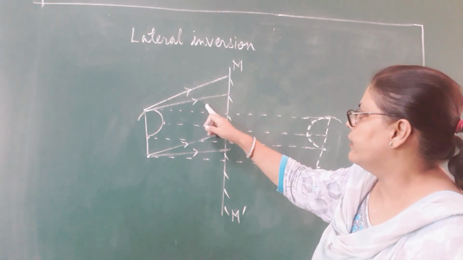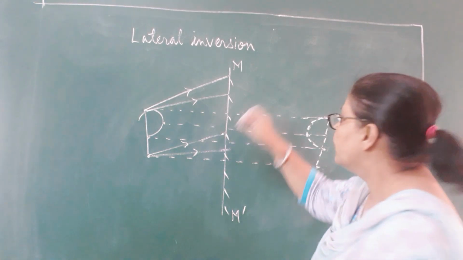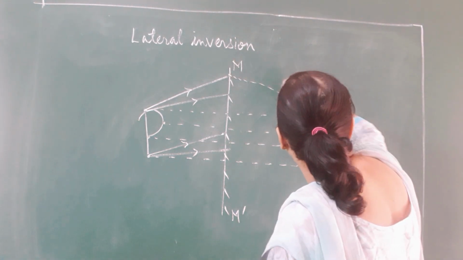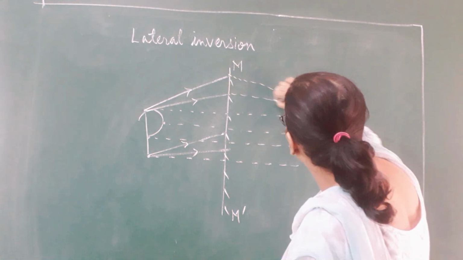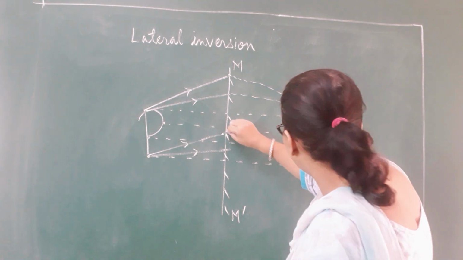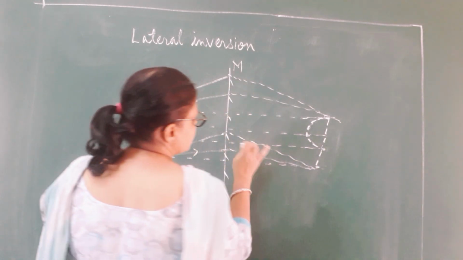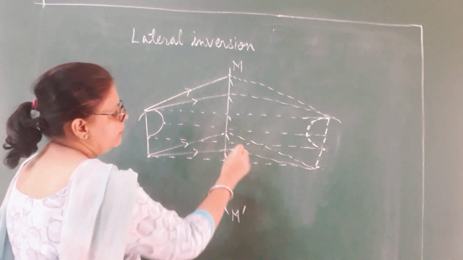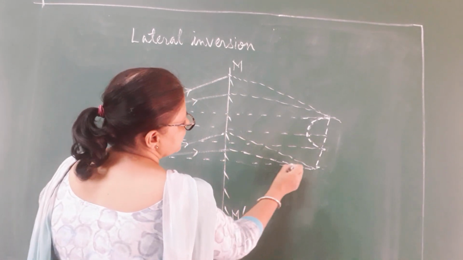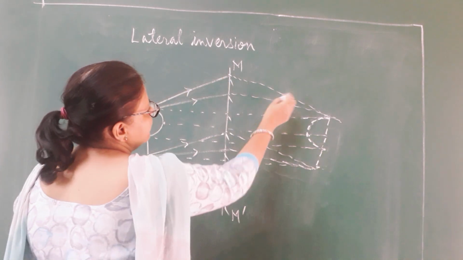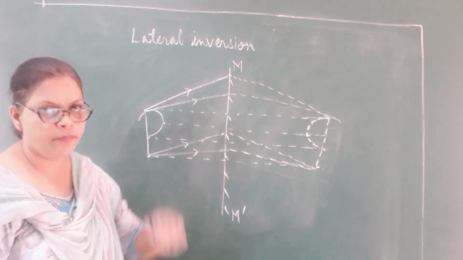So 2 slanting rays up, 2 slanting rays down, and they meet at this particular point here, and these 2 rays will meet at this particular point here. They will meet at this point, and these 2 rays will meet at this point. See, I have joined them.